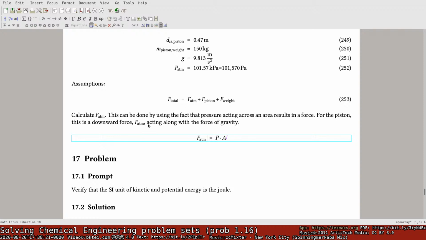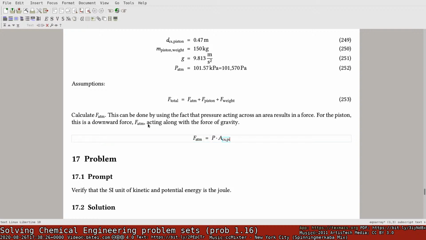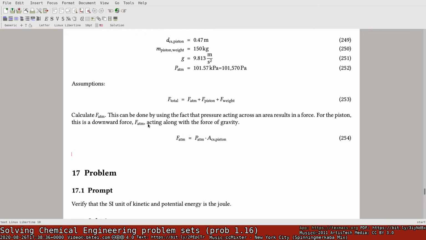What is the area? The area is the cross-sectional area of the piston, and the pressure is the atmospheric pressure. Okay, well that leaves us asking, we're given P sub ATM, but what is the area cross-sectional?